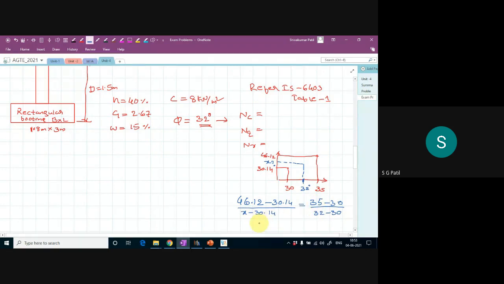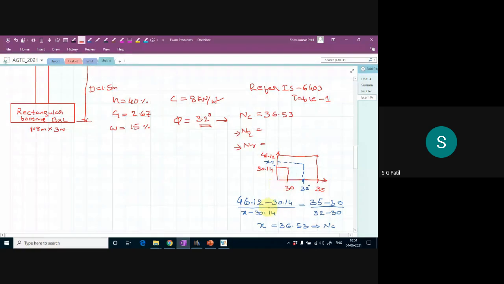All other things you know. So x will be equal to 36.53. So this is your NC value. Put 36.53 here.